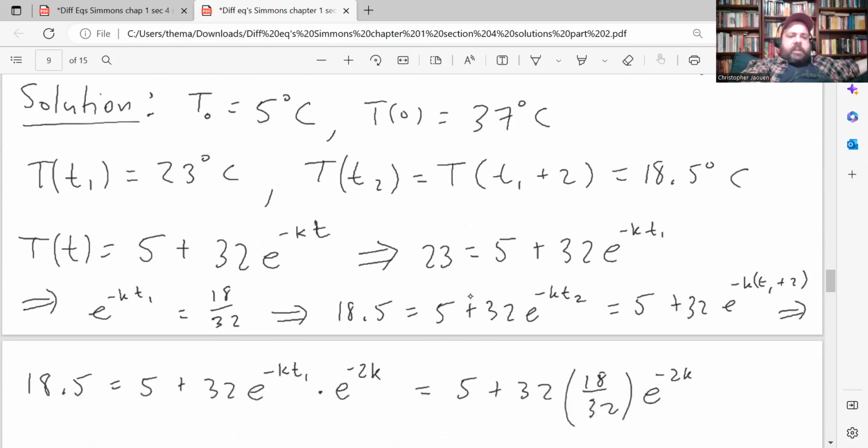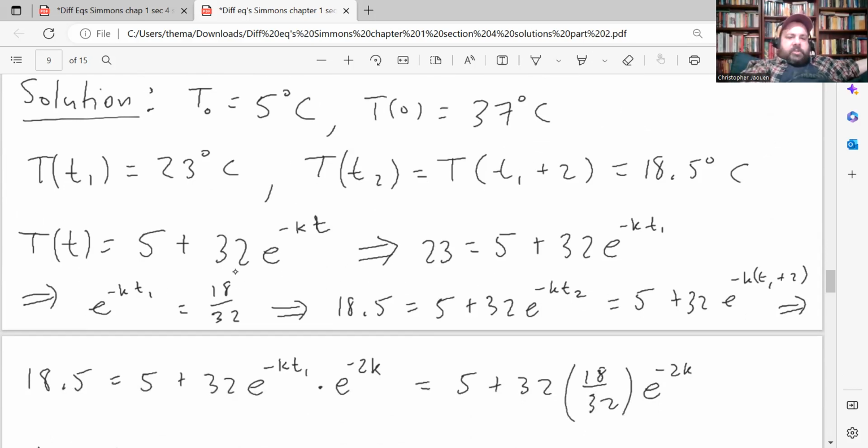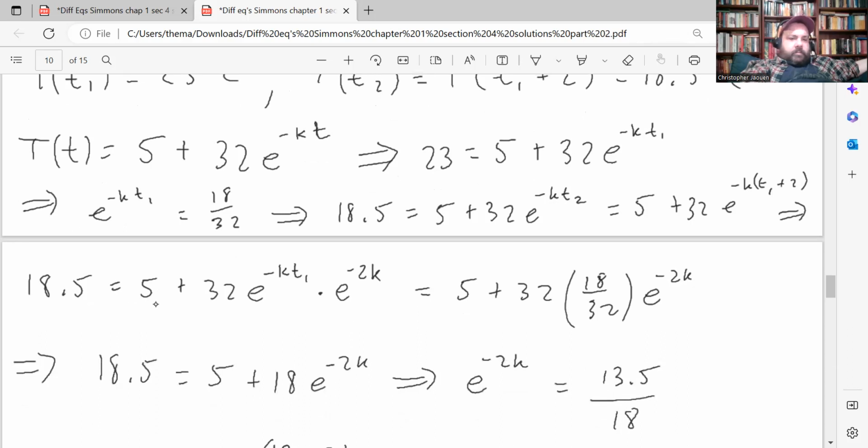So plugging everything into the exponential model you get using Newton's law of cooling, we get that e to the negative k T1 is 18 over 32. And then also we can use the fact that T2 is T1 plus 2. So you get 18.5 equals 5 plus 32 e to the negative k times T2, which is the same thing as 5 plus 32 e to the negative k times T1 plus 2.